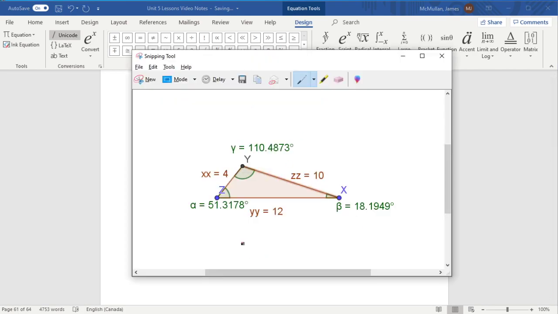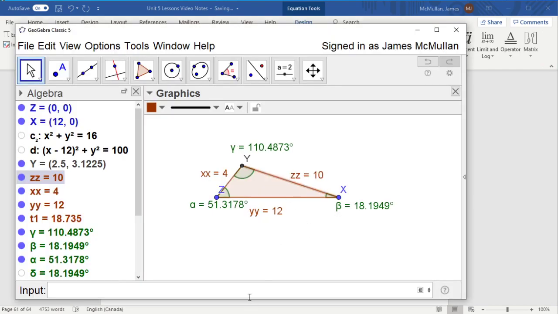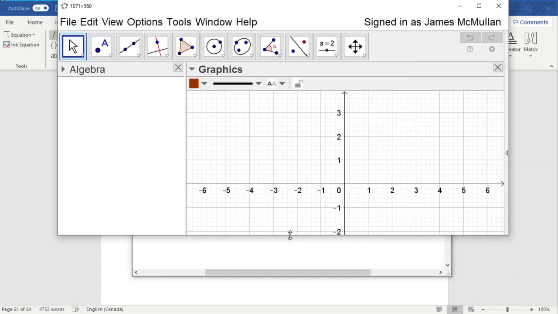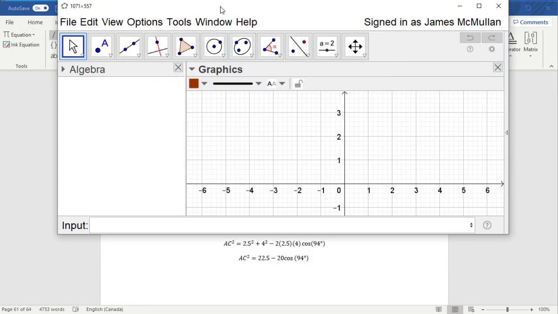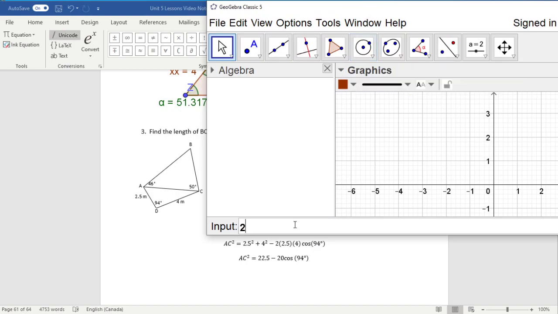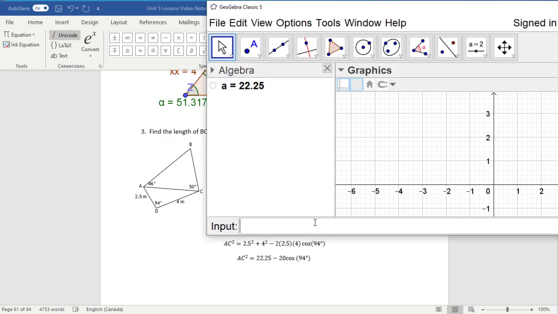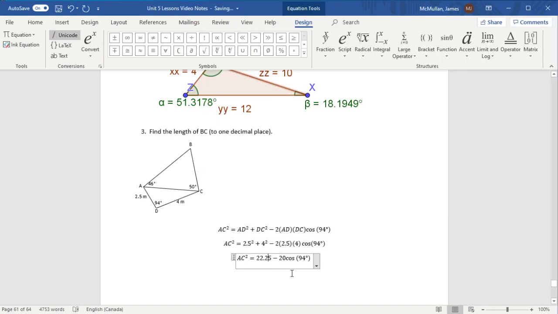Okay, so let's calculate what that is. Oh, sorry, 22.25. Okay, so 2.5 squared plus 4 squared minus 2 times 2.5 times 4 times cos 94 is 23.65.